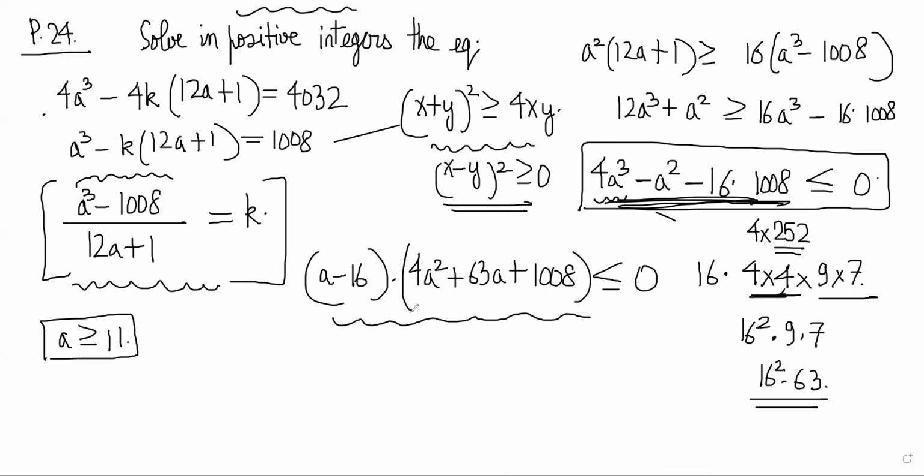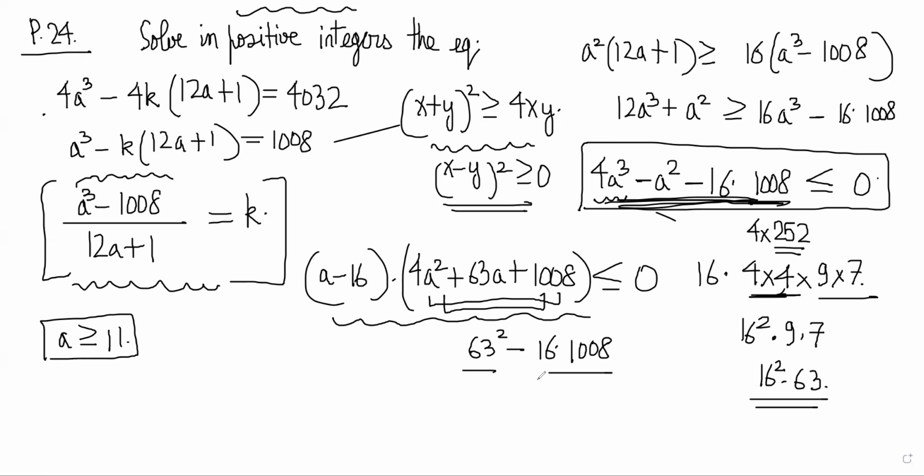So once you get this, notice that the discriminant of this term is less than 0. 63 square minus 16 into 1008, right? You can check this. 63 square, and this is 16,128, right?